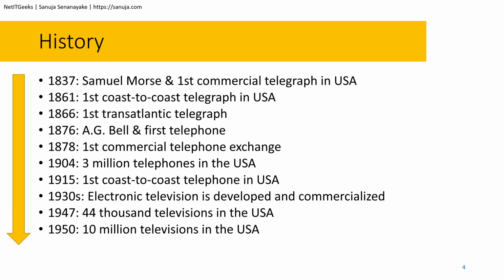But as Morse first started the use of the telegraph, commercial telegraphs had to have certain standards just to make sure they worked properly. They were not as highly defined as nowadays, but there were some standards so that Morse code would work. In 1861, the first coast-to-coast telegraph was laid, and in 1866, the first transatlantic telegraph, which means it connected the United States and, I believe, the United Kingdom, was built.